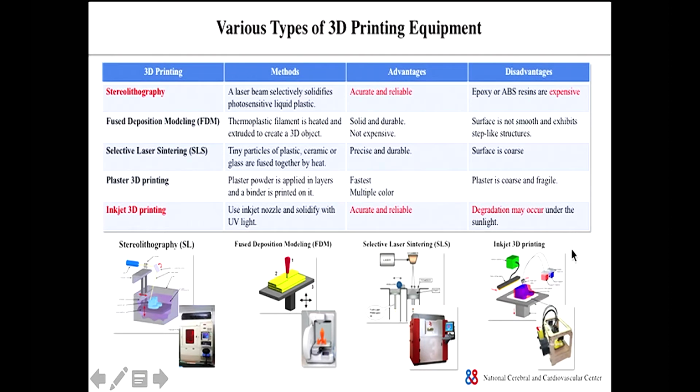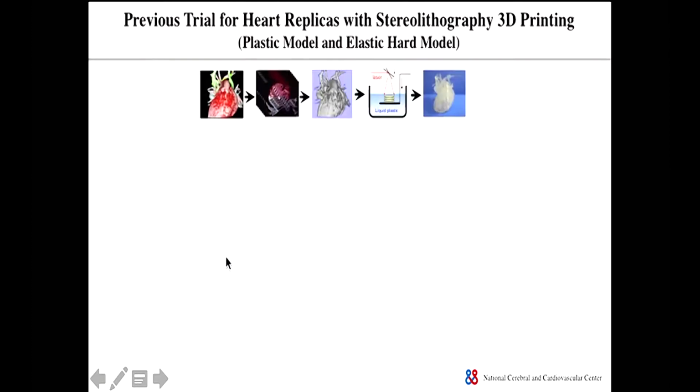To make the 3D printing model very accurate, we use the two most accurate machines, stereolithography and inkjet 3D printing. First, we made the 3D printing replica using stereolithography.